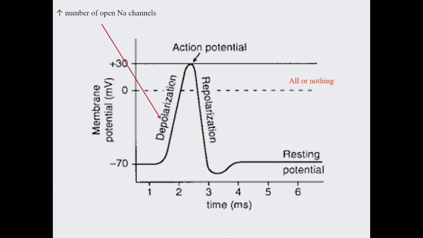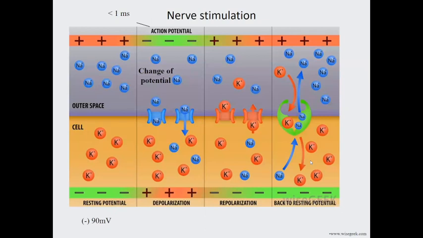If the depolarization, meaning opening of sodium channels, is enough, all or nothing, then the impulse passes in the nervous system, we squeeze the hand, for instance, so there is a signal to the muscle. Then there's a repolarization when the nerve is not responding to the signal, and the resting potential comes back.